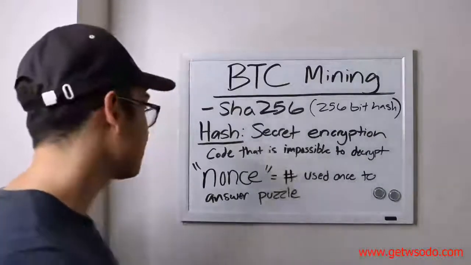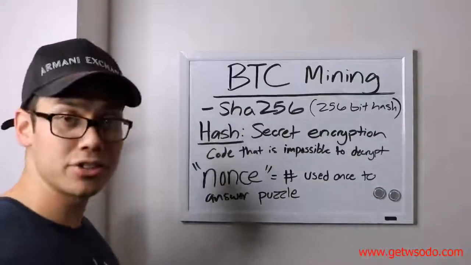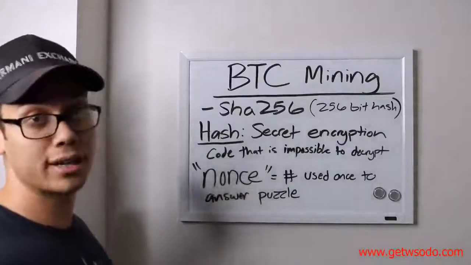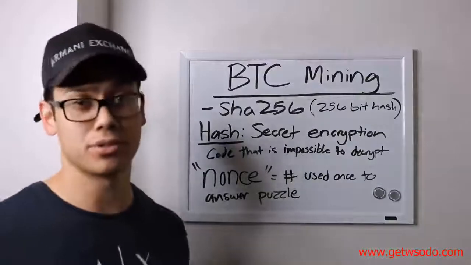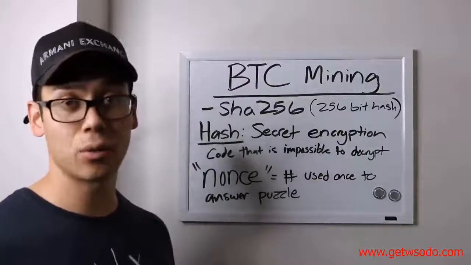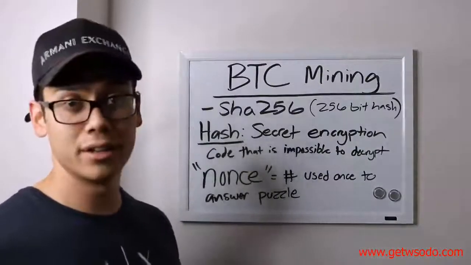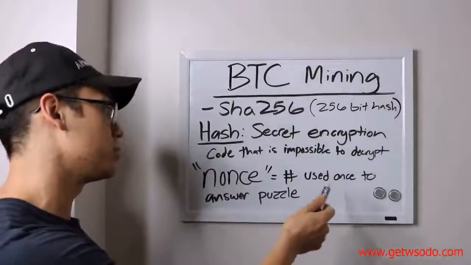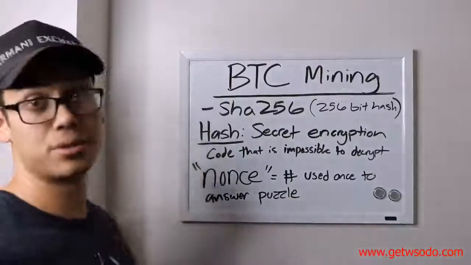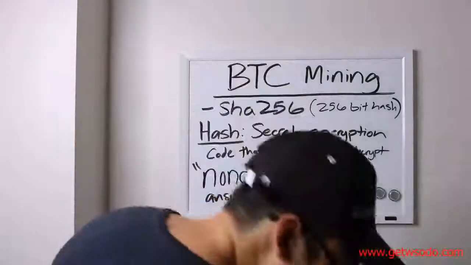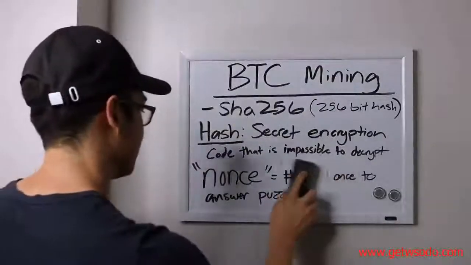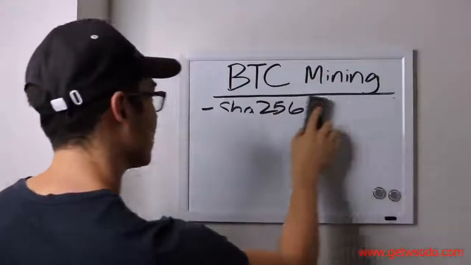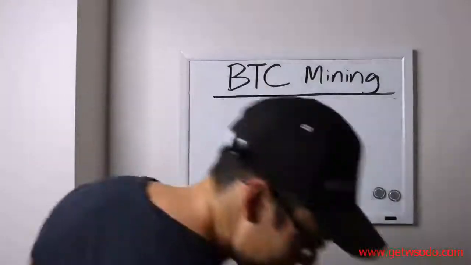So how do miners hash these transactions and add them to the blockchain? Basically, they're solving mathematical puzzles that the Bitcoin network puts out there, using what is called a nonce. It's a number used once to answer the puzzle. Let me erase this, so I can draw it out and you can understand what all this means.